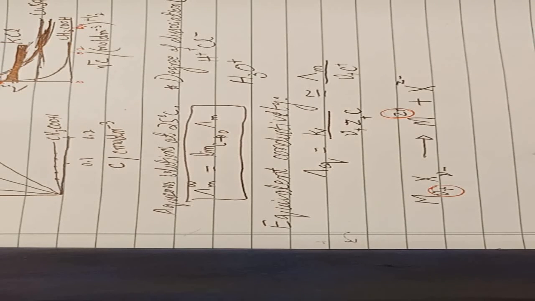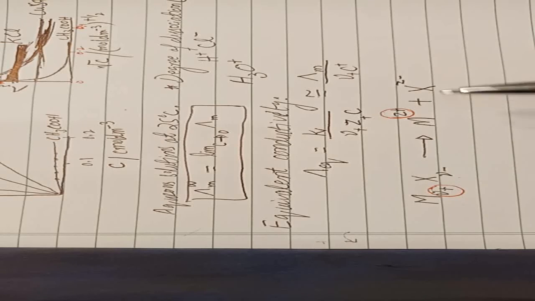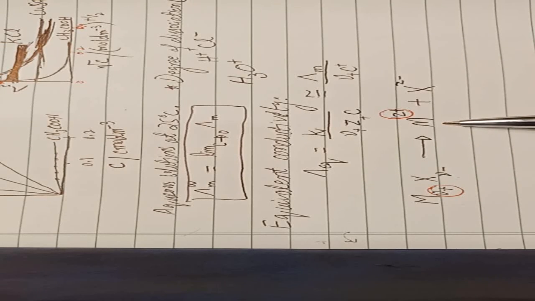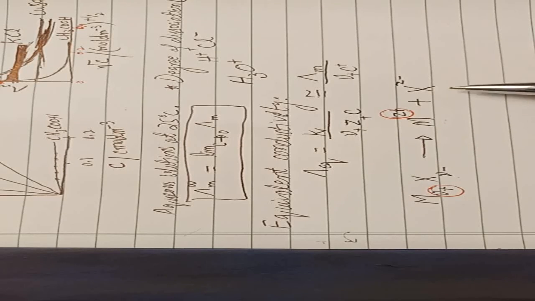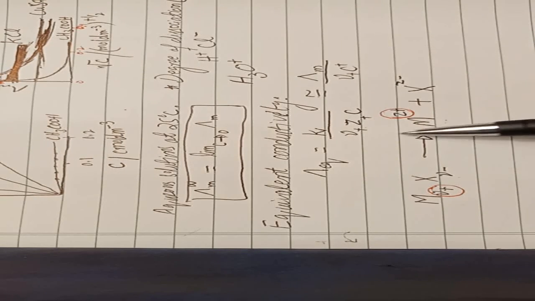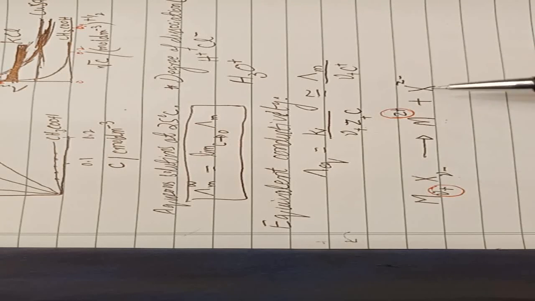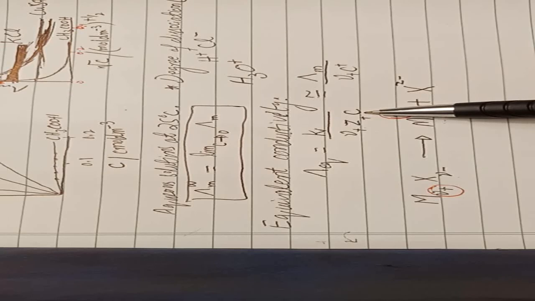So for the electrolyte M v plus X v minus, when it is dissociated into ions, yielding the ions M z plus and X z minus in the solution, the equivalent conductivity will be equal to the conductivity over the number of moles taken from the encircled part of this equation and the concentration.